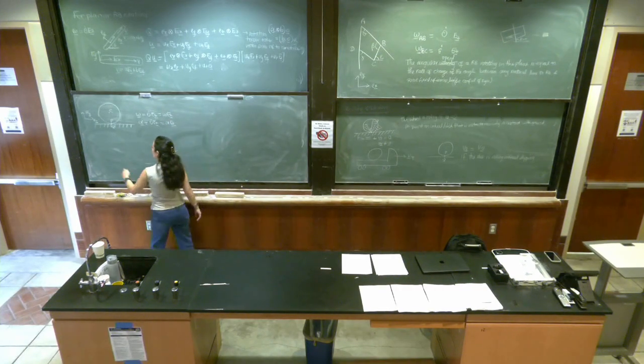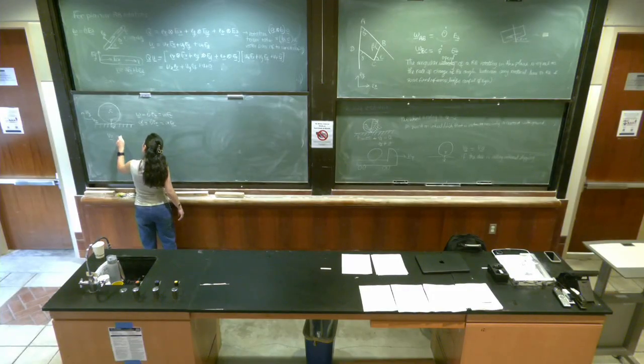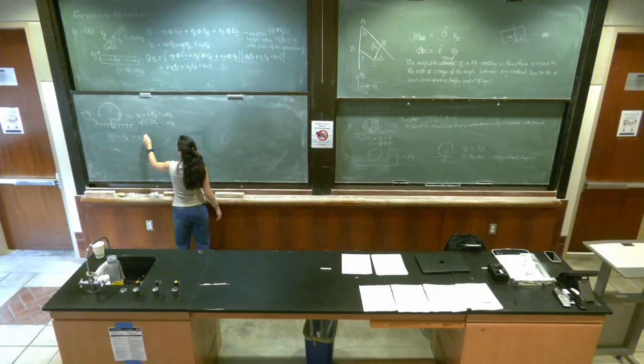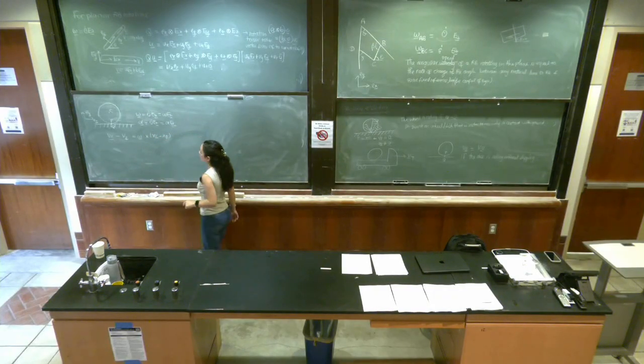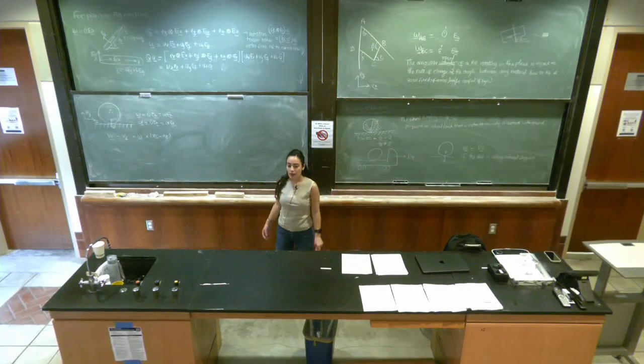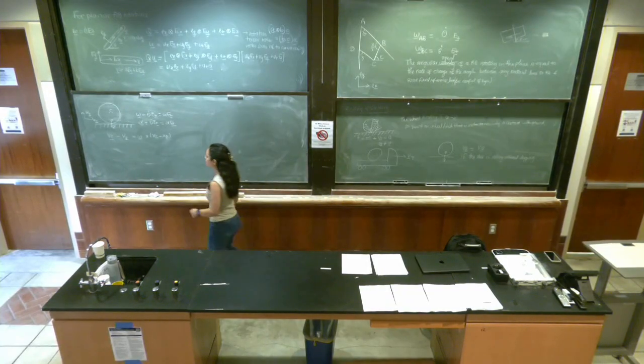So I can say VC minus VP is equal to omega cross XC minus XP. C is the material point on the rigid body. P is the instantaneous center of rotation. So what is VP? 0, right?